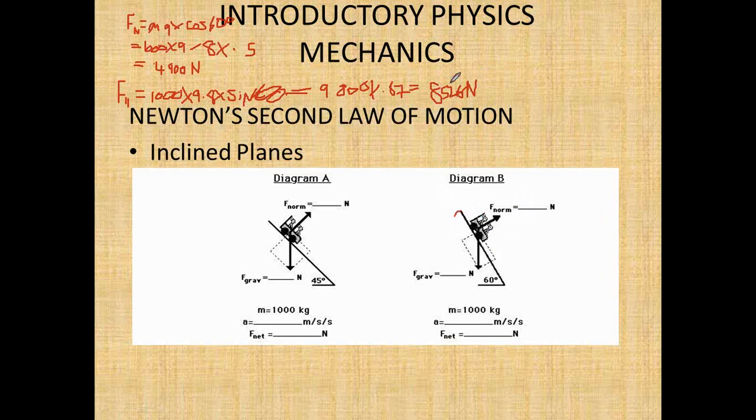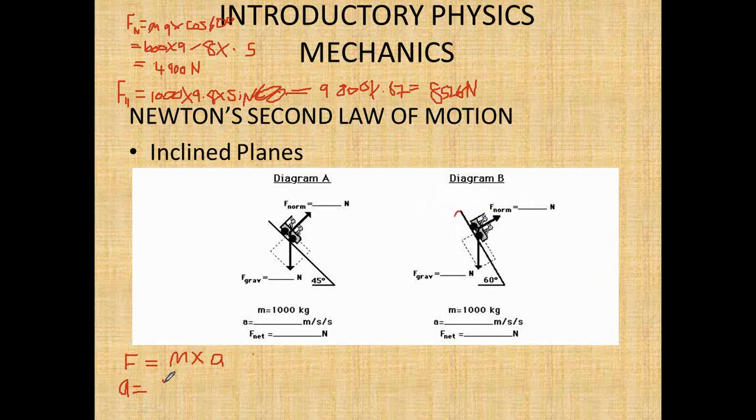So again, Newton's second law, we know that the net force is equal to the mass of the object times the acceleration of the object. So to get the acceleration, the acceleration is equal to the force divided by the mass. And the net force is 8,526.